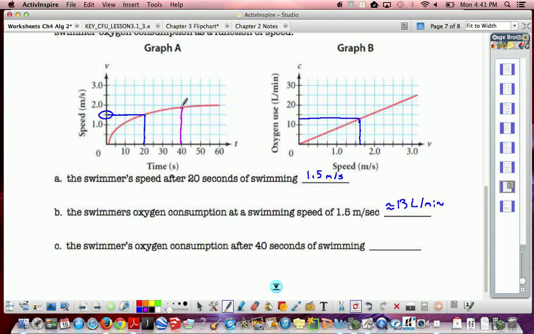If I go to 40 seconds here, go straight across, it looks like my speed is about 1.9 meters per second. So now if it's 1.9 meters per second, go straight up, go straight across, it looks like I am consuming about 15 liters per minute of oxygen. All right, that takes care of the first page.